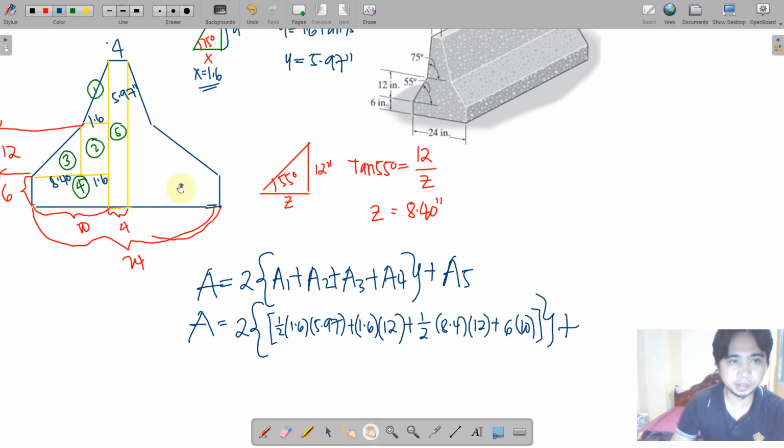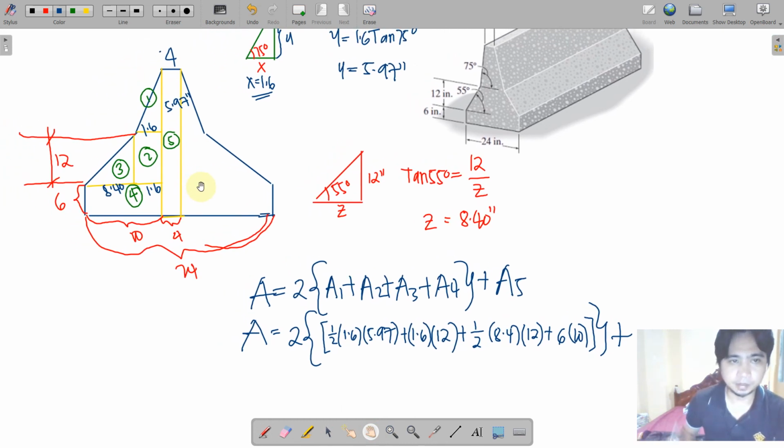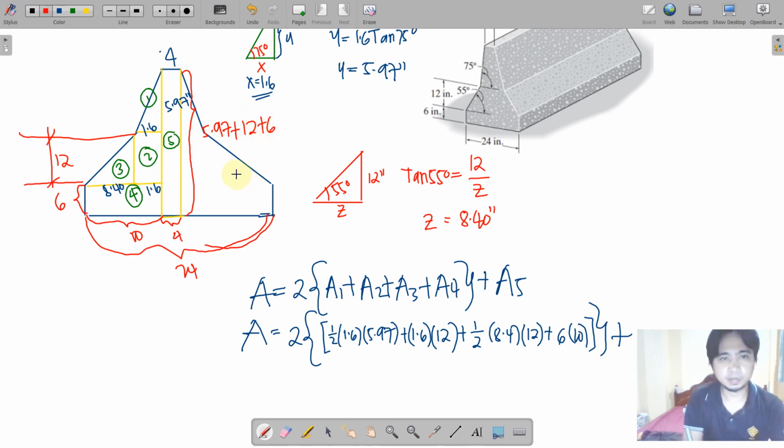The fifth area, as we can see, that is 4 by the total height. Okay, so what is the total height here? Total height from top to bottom is 5.97 plus 12 plus 6. 5.97, here it is, plus 12, here it is, plus 6.